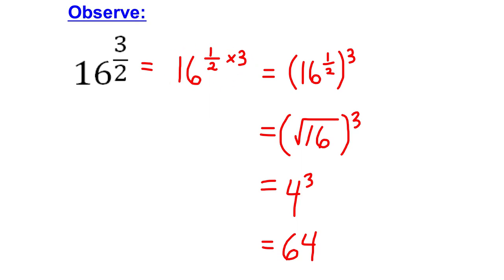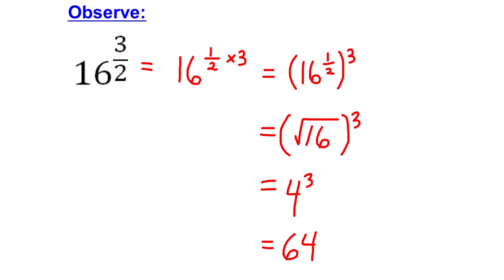Now, working backwards here, my power of a power rule is multiply the exponent, so I can turn this into a power of a power. 16 to the exponent 1 over 2 to the exponent 3. Now, 16 to the 1 over 2 is the square root of 16. That is 4. Cube that, I get 64.